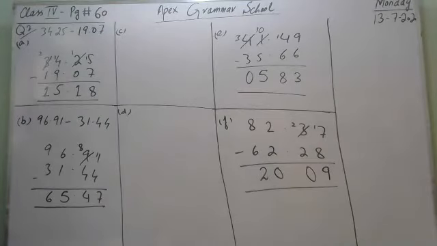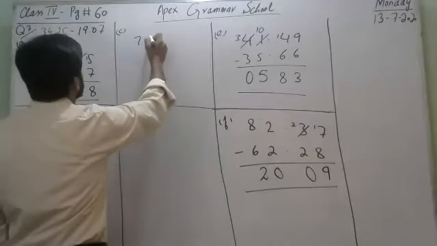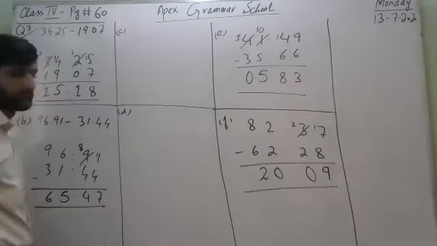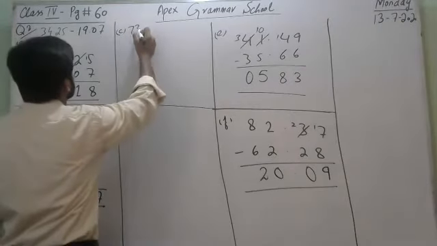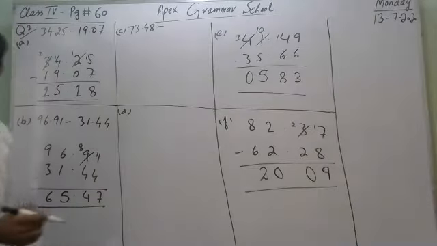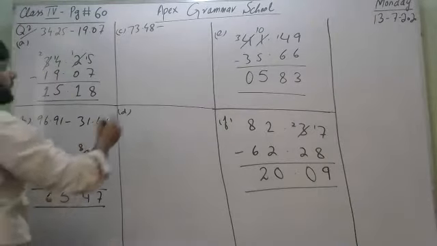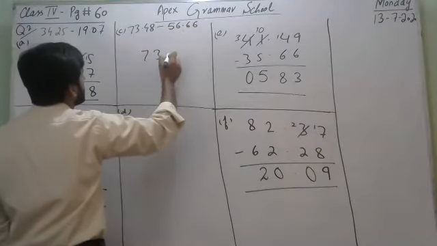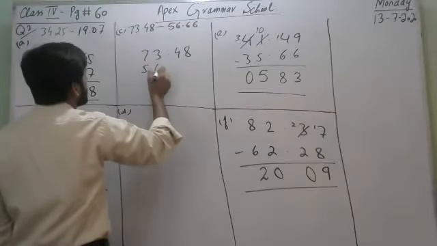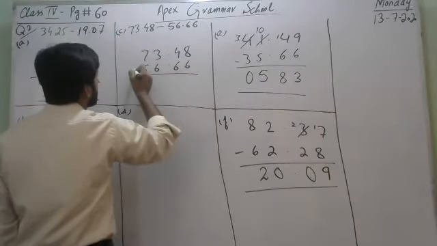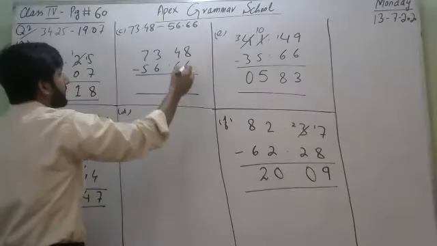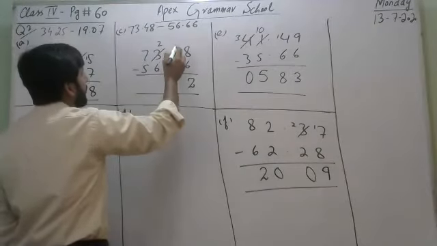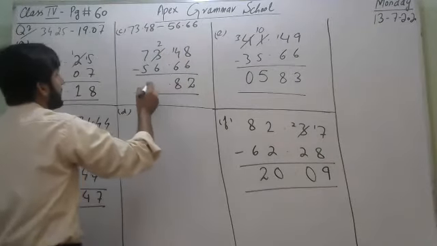C part is 73.48 minus 56.66. 8 minus 6, this is 2. 4 is smaller, 6 is larger, so we'll take carry. 14 minus 6, this is 8, point as it is.